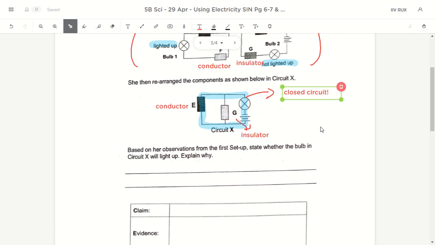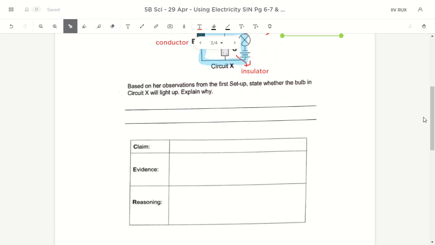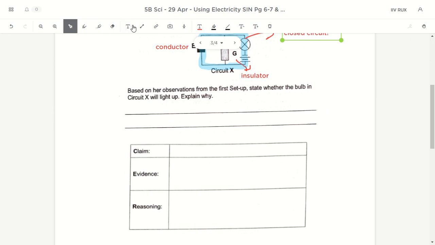Okay, so let's do our CER first. The claim is yes, it can light up, because it is going to be a closed circuit.